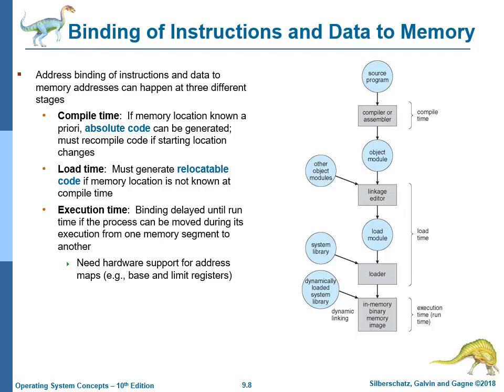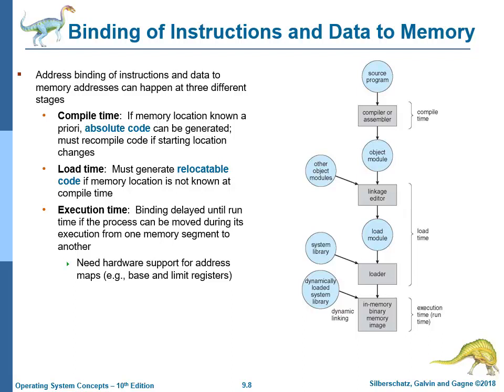Load time: if the location at which a program will be loaded is not known at compile time, then the compiler must generate relocatable code, which references addresses relative to the start of the program. If that starting address changes, then the program must be reloaded but not recompiled.